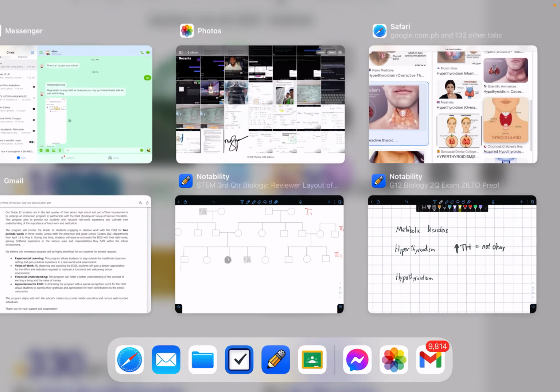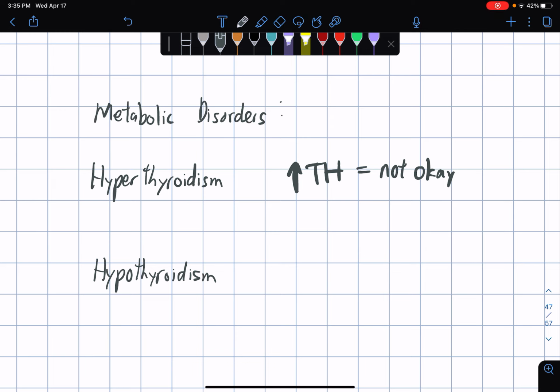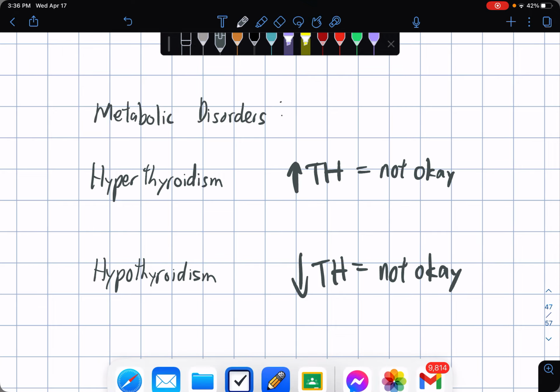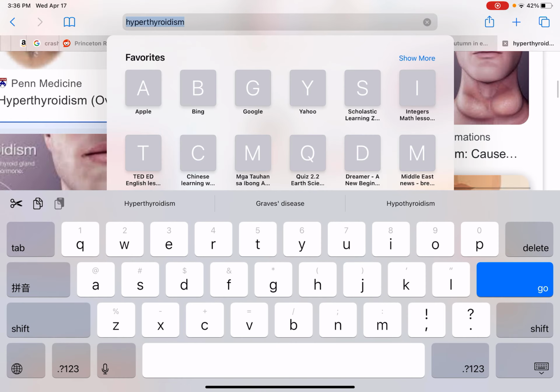Hypothyroidism is extremely low levels of thyroid hormone. It's also not okay. But what is hypothyroidism in the first place?